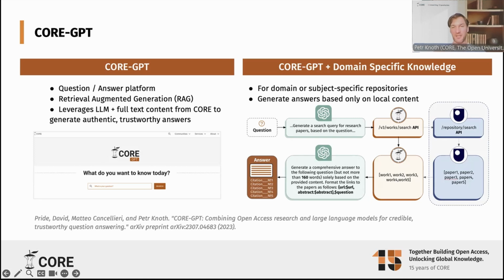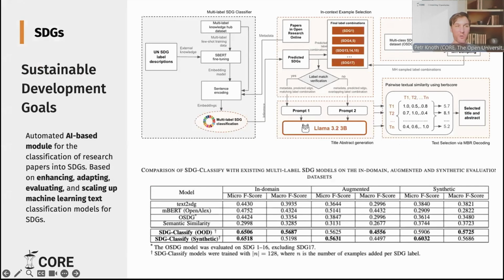There's a paper behind it, and effectively the result is a question answering system that cites literature and doesn't make up facts, basically. We have also very recently worked on building a new model for detecting and labeling all research papers of a particular institution in accordance with United Nations Sustainable Development Goals.